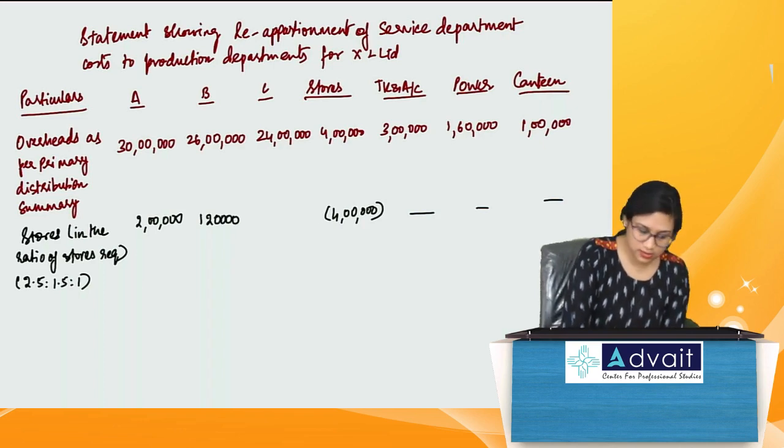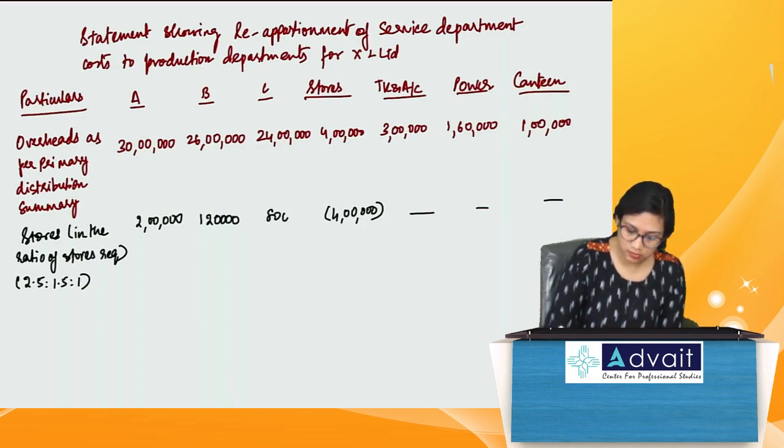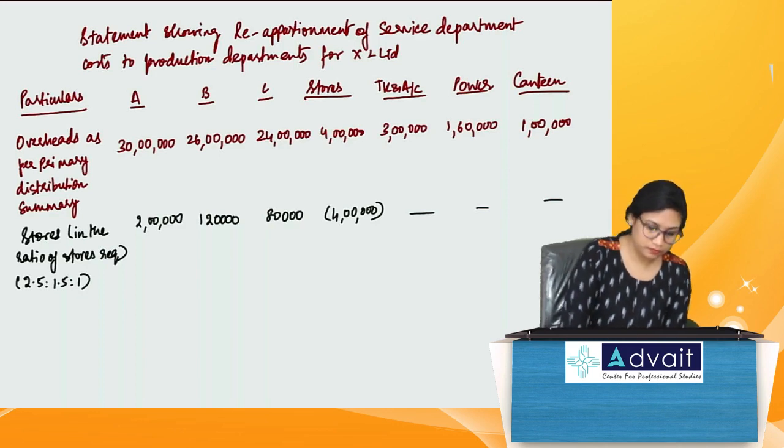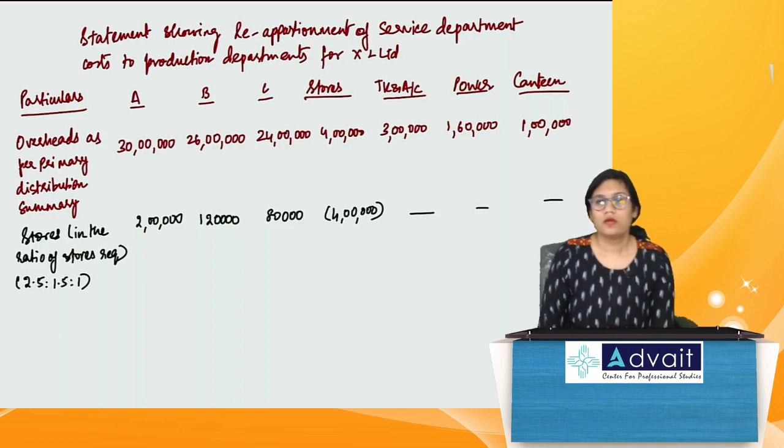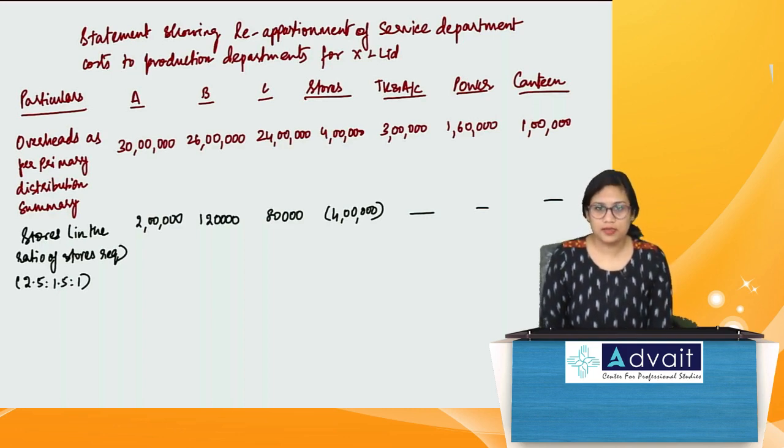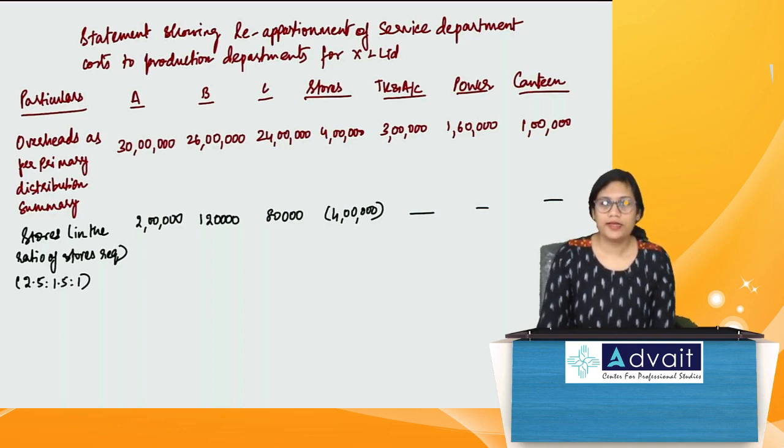Third one is 80,000. Correct? Yes. Right, Harriet. Next.